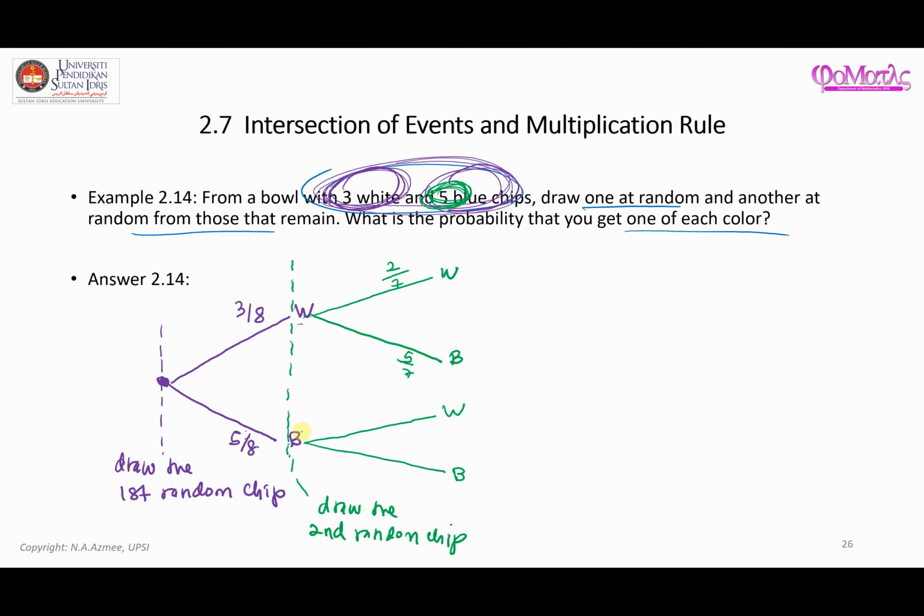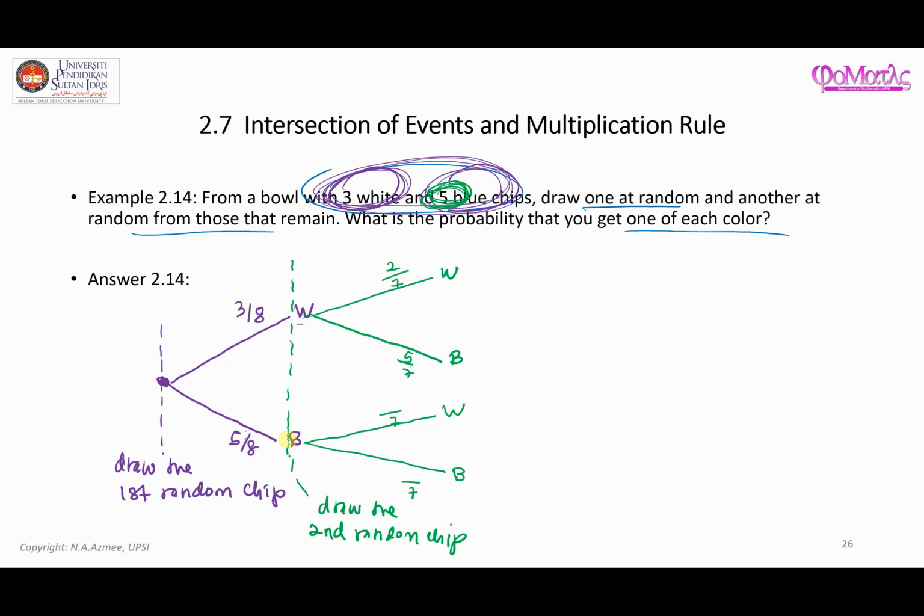And this is the junction where you have taken 1 blue chip, and you keep the chip with you. So therefore, the number of chips in the bowl is going to be reduced to 7, and here is also reduced to 7.